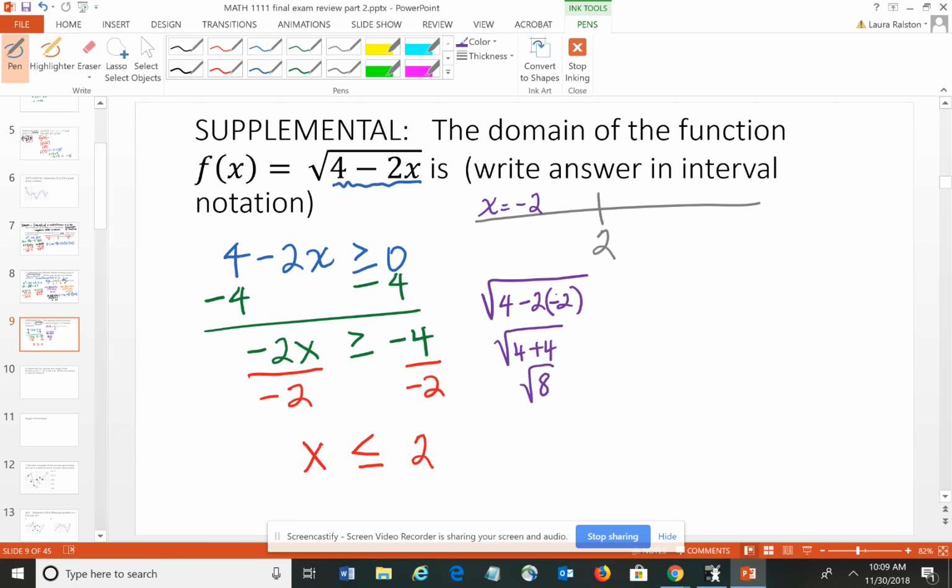Now, if you want to counter that to guarantee yourself that you've got it correct, if you want to try a value maybe like 5, then we would have the square root of 4 minus 2 times 5. So that's 4 minus 10, or the square root of -6. And we know you can't have a negative under the radical, so it doesn't work.